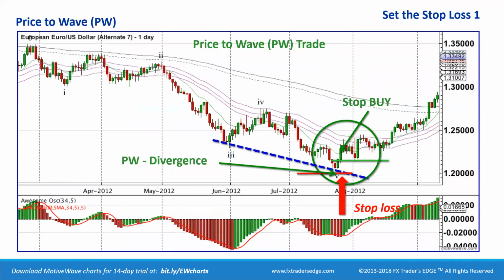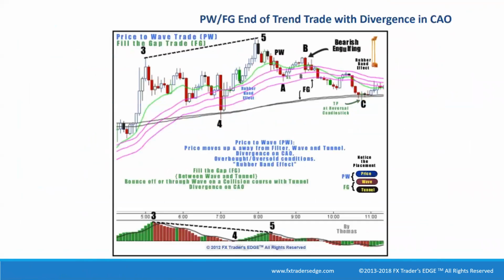And if we scroll back and look at the picture here, this is the PW fill the gap trade. So this would be under trade plans and one of the module 8 or 9 in the website. This is a picture of what the PW fill the gap trade looks like, where we have the PW, the first leg.